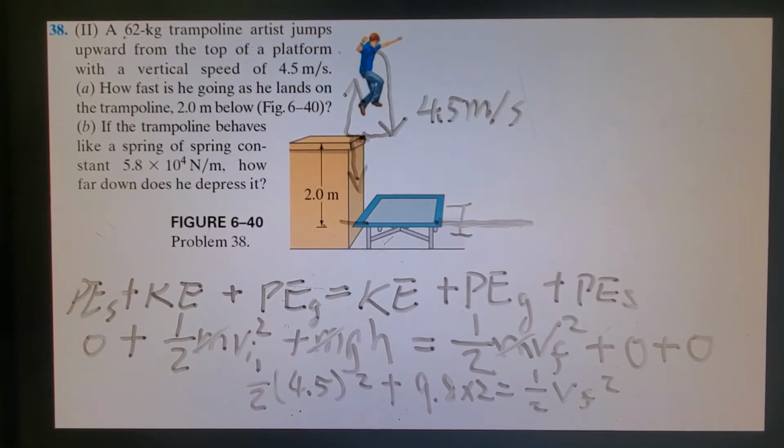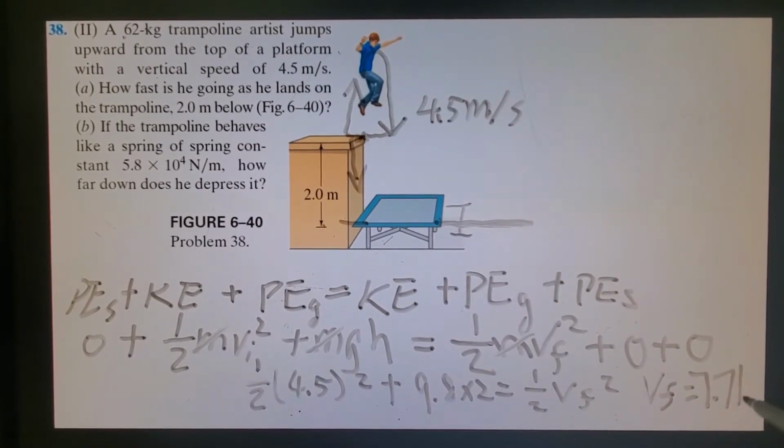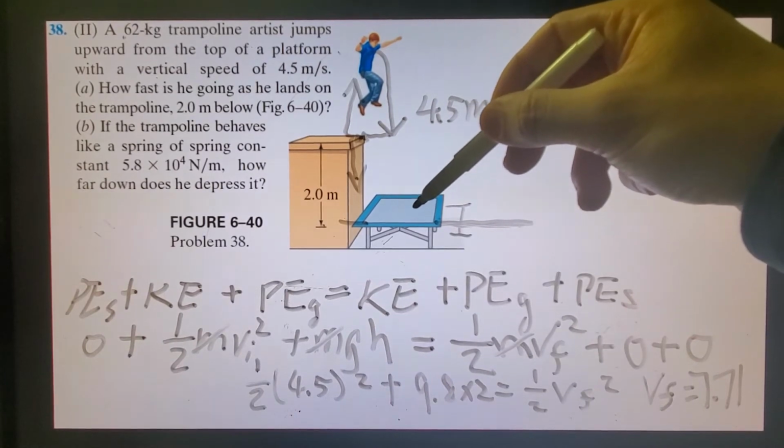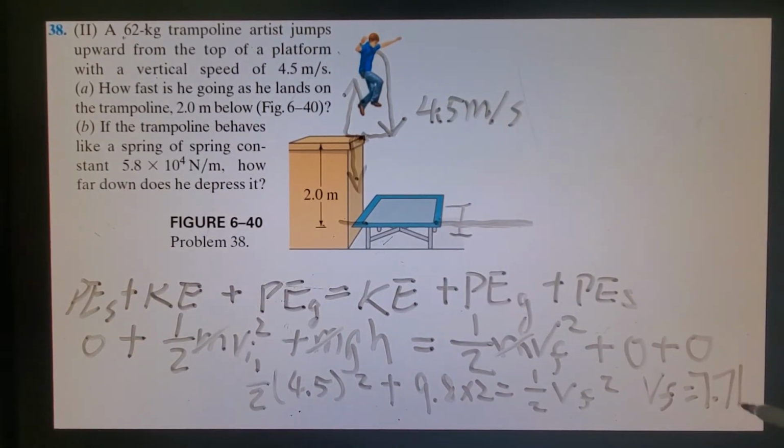So on the left side, I have 29.7. I multiply that by 2 and then take the square root of it. So what I get is v final equal to 7.71 meters per second.